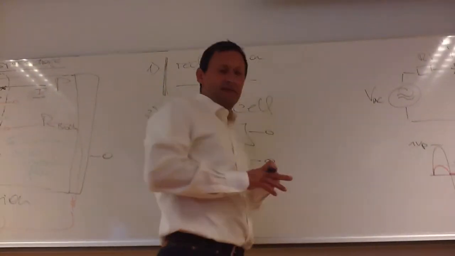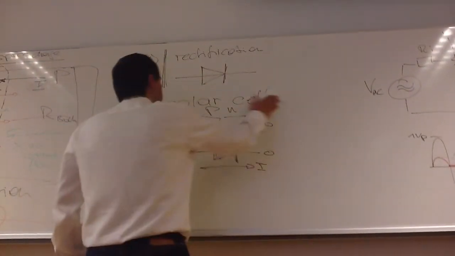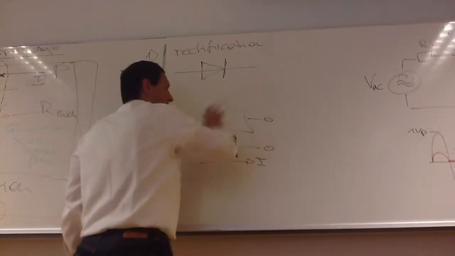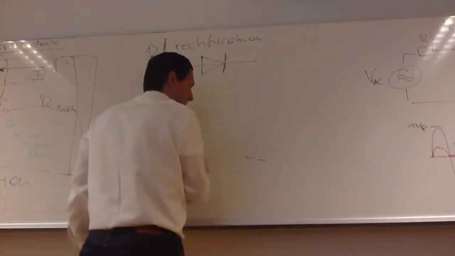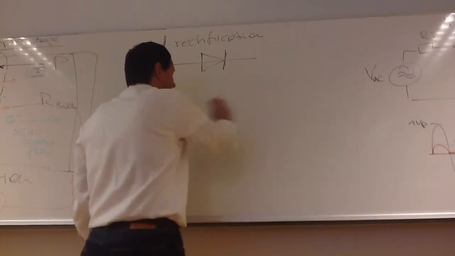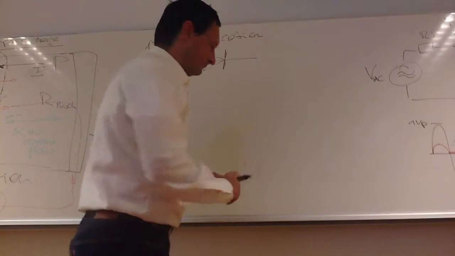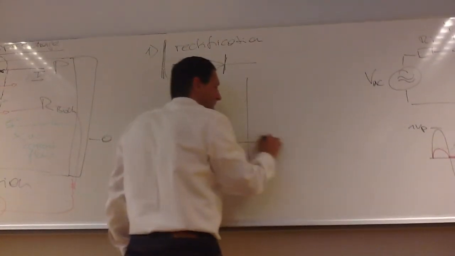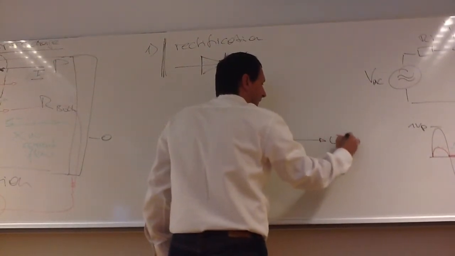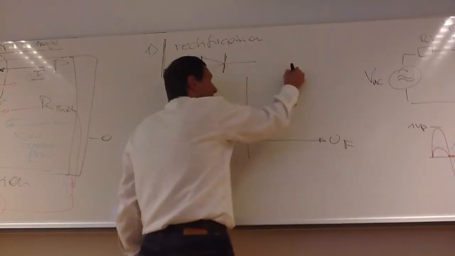And how does the characteristic look like? That's the forward area.